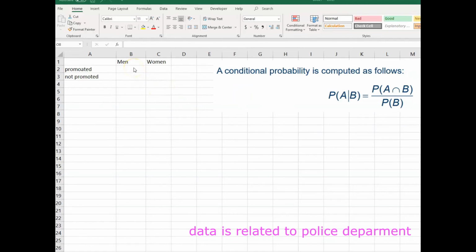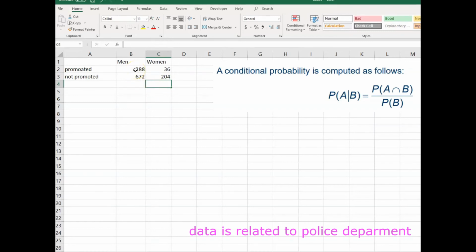We can simply type. So there are 2 categories, man and woman, and promoted and not promoted. The first one is 288 promoted and 672 not promoted. For the woman it is 36 versus 204.